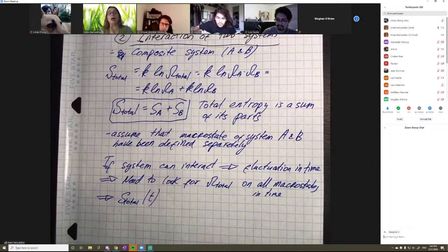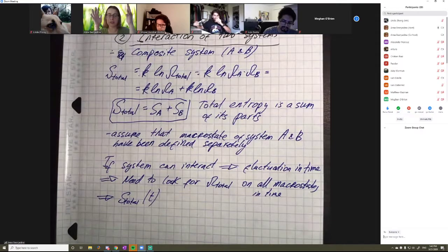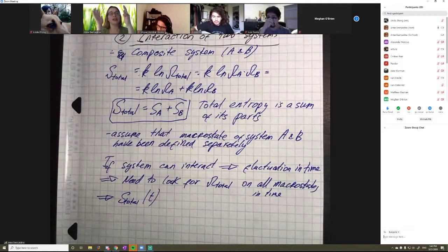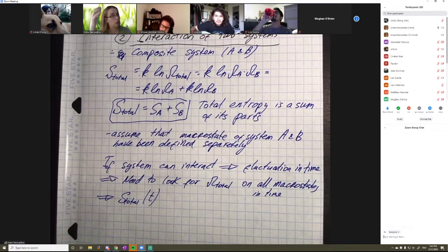But what we know is, if systems A and B are in equilibrium, or in the most likely microstate, all this fluctuation is small, and we get almost the same entropy. Obviously, if it's far away from equilibrium, you have some stronger fluctuation. But if it's in a regular environment, it has already settled down, and all this fluctuation is small.